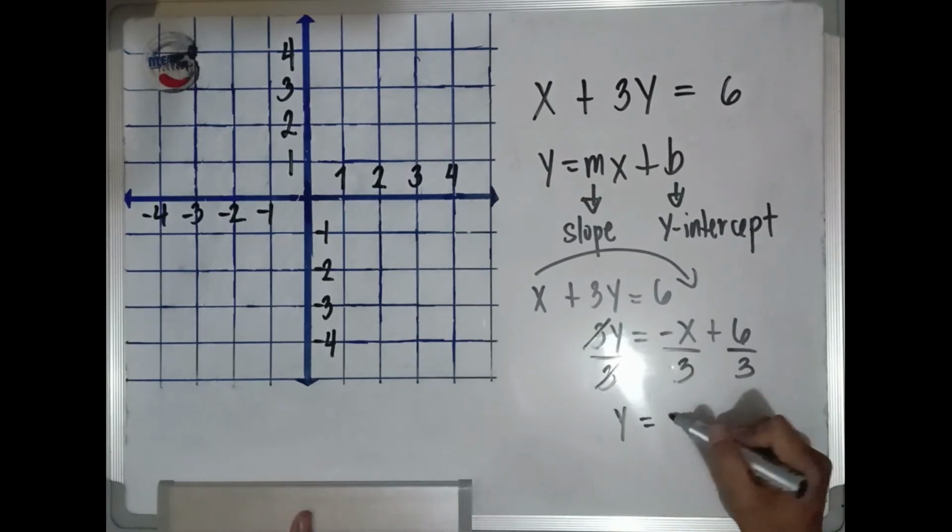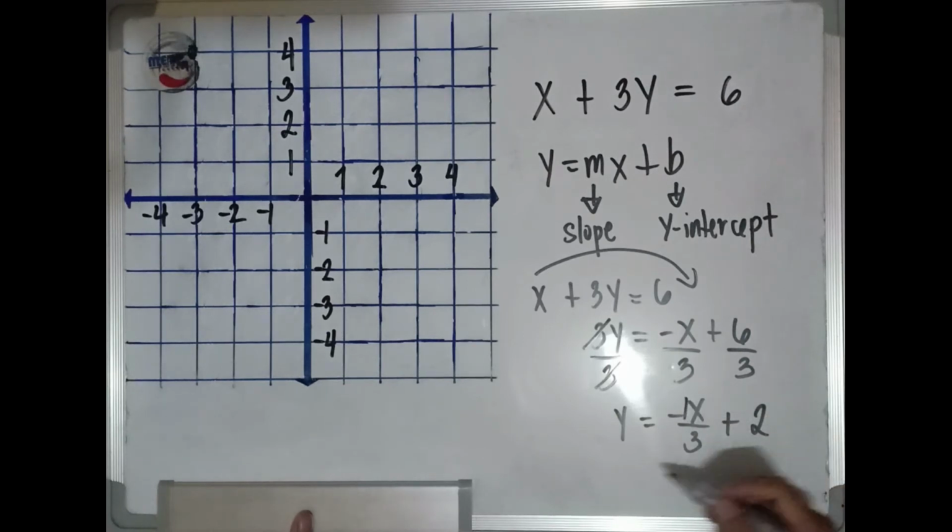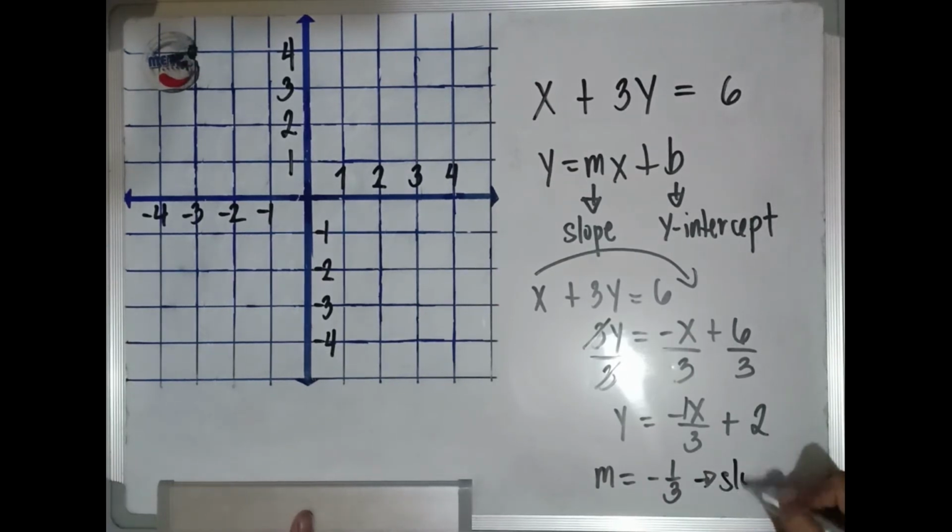Y is equal now to negative x over 3 plus 6 over 3 is 2. Now, the numerical coefficient of x is 1. So our slope is negative 1 over 3. This is your slope.